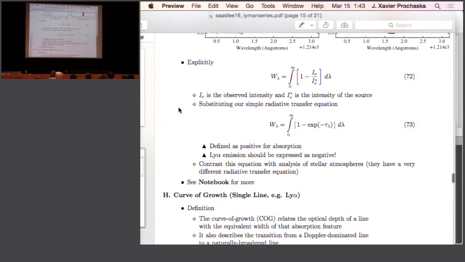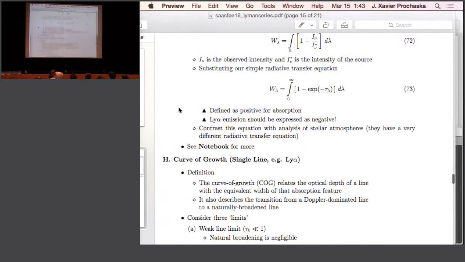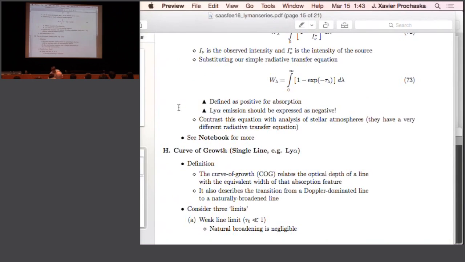I won't go to the notebook for that. So curve of growth describes the mapping of the optical depth of the line to the equivalent width, as it was just defined. There are three primary limits that one discusses within this regime.